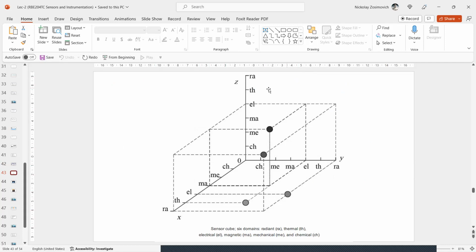We call this a sensor cube. The three axes refer to the input energy domain, the output energy domain, and the interrogating input energy. So on each of these 216 elements of our 6 times 6 times 6 matrix, a conversion effect is located.